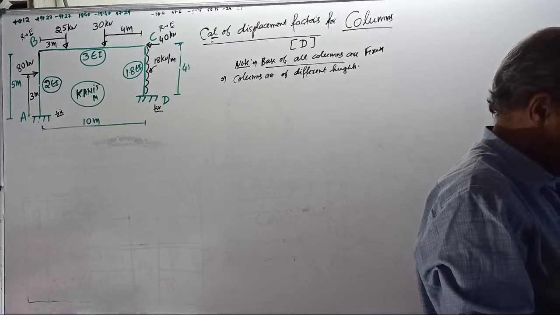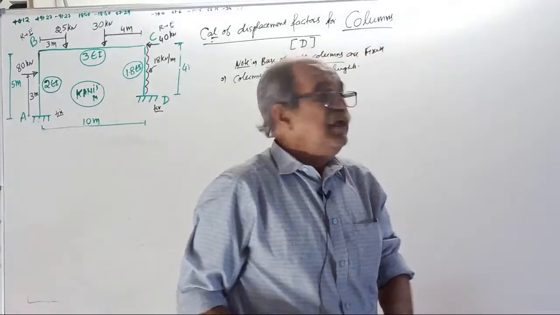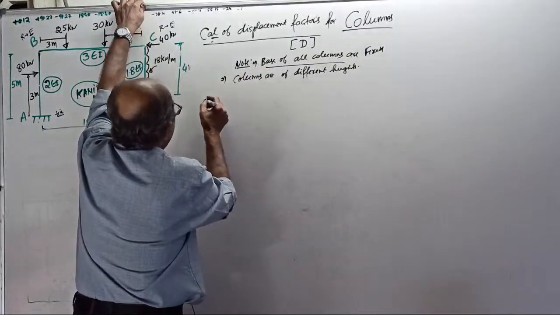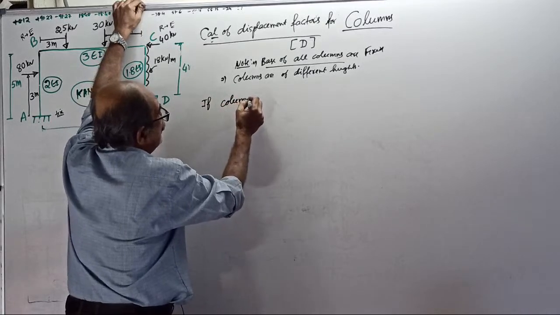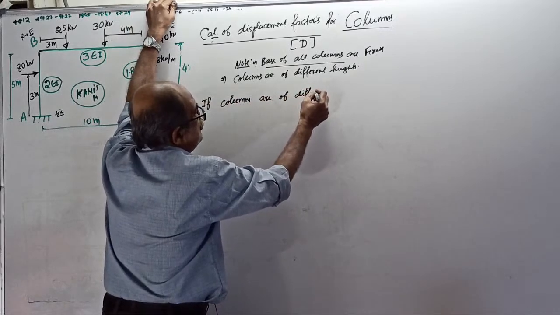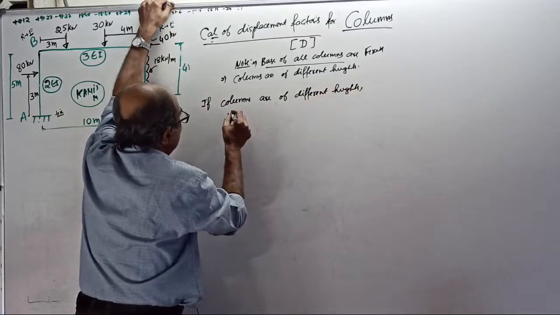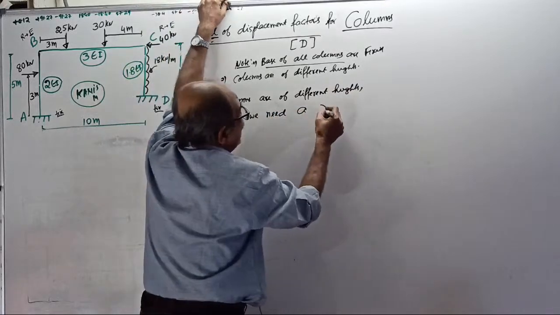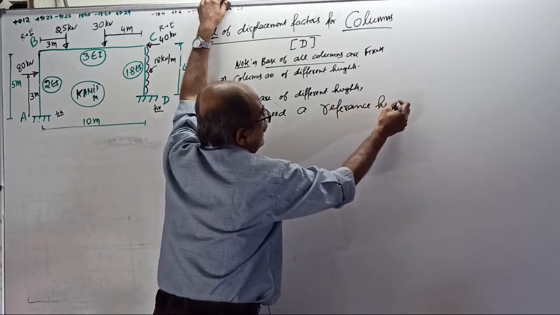Okay, no problem. Columns are of different height. Now do one thing. Now see, make a note here. If columns are of different heights, then we need a reference height.